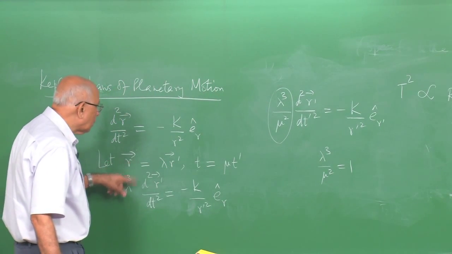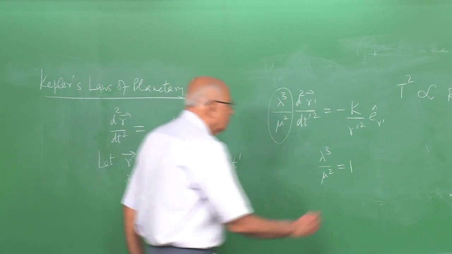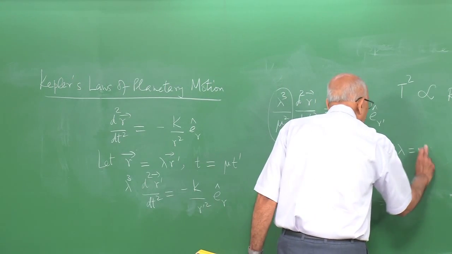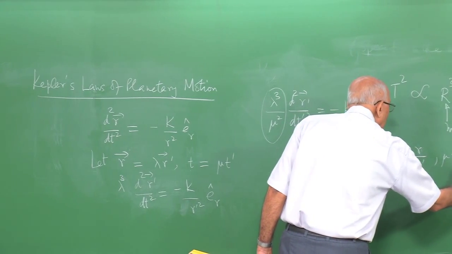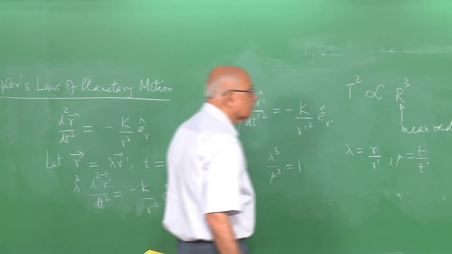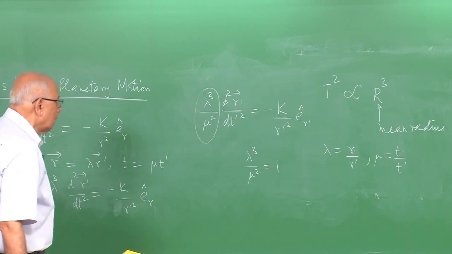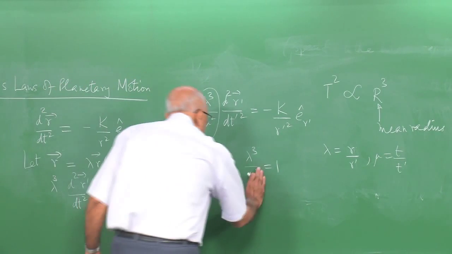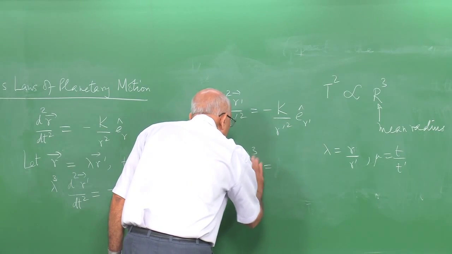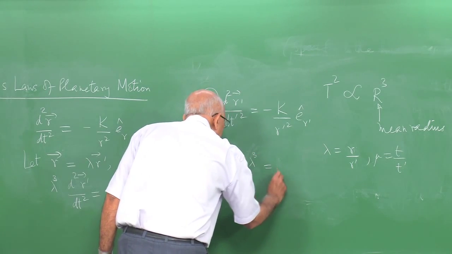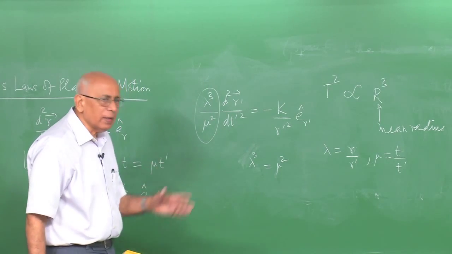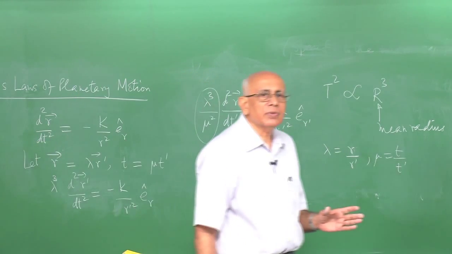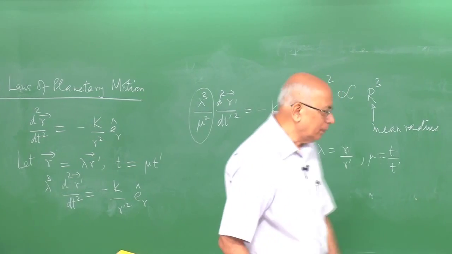It's r over r prime, and mu is t over t prime in this case. What we are saying is that lambda cubed equal to mu squared will ensure that the physics of this problem is independent of the choice of scale in length and time.